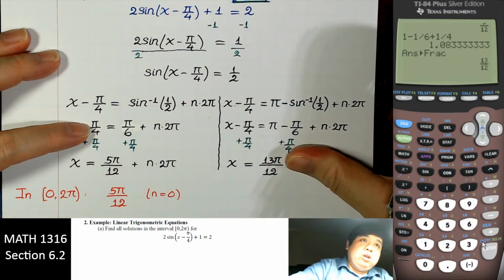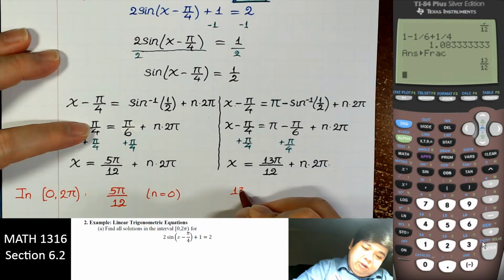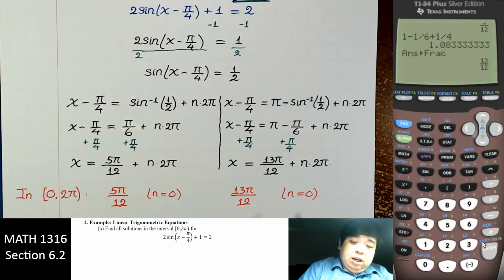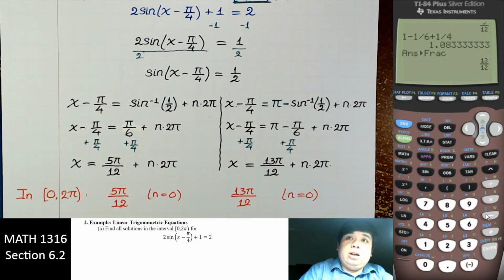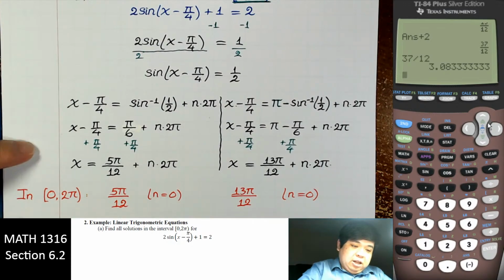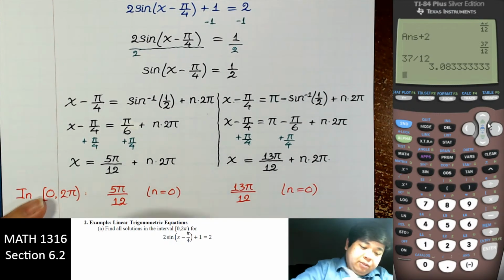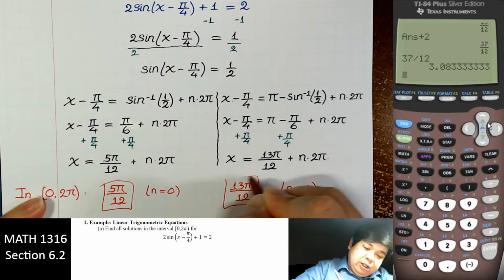And for the other one, with n equal to 0, we have 13 pi over 12. Now if we change the values, if n equals 1, we have 13 over 12 for example, and then we plus 2 to it, which is a lot more than 2 pi. So if it is between 0 and 2 pi, we only have one solution here and one solution over there. So there are two solutions here.